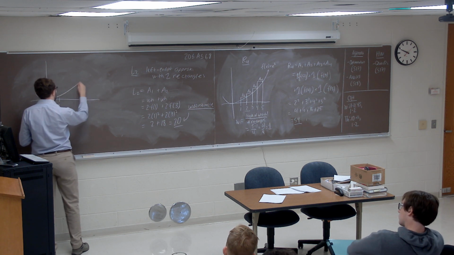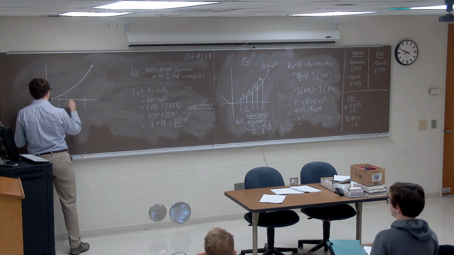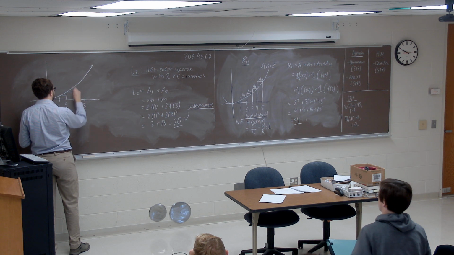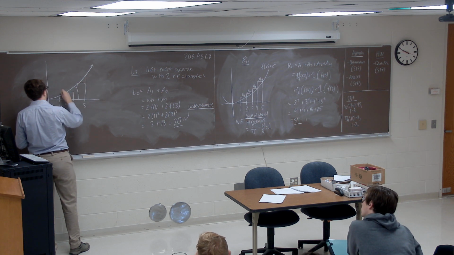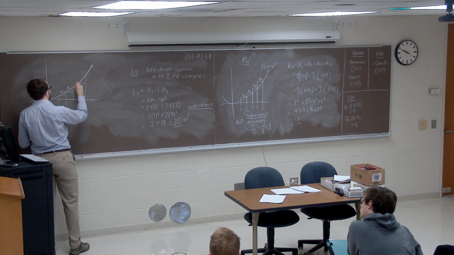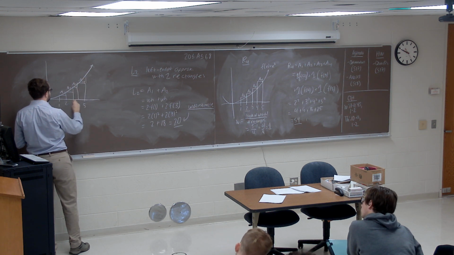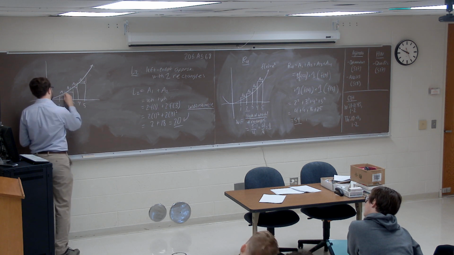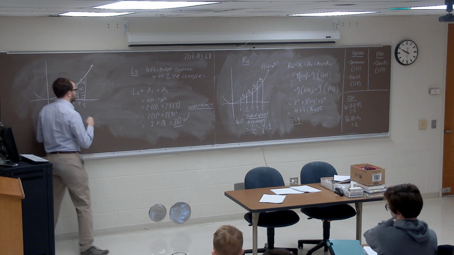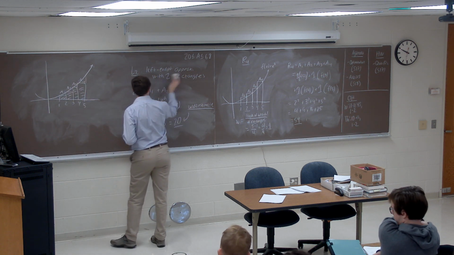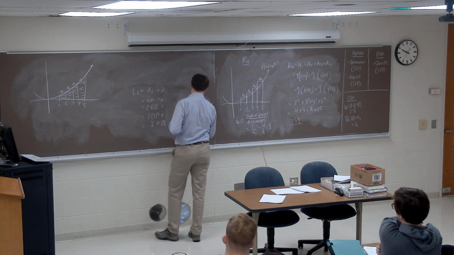Well, using the left endpoints, you would get something like this. We'll have an A1, an A2, an A3, an A4. Pretend these all have the same width, please. They're all going to still have a width of 1 if we're doing an L4 approximation.